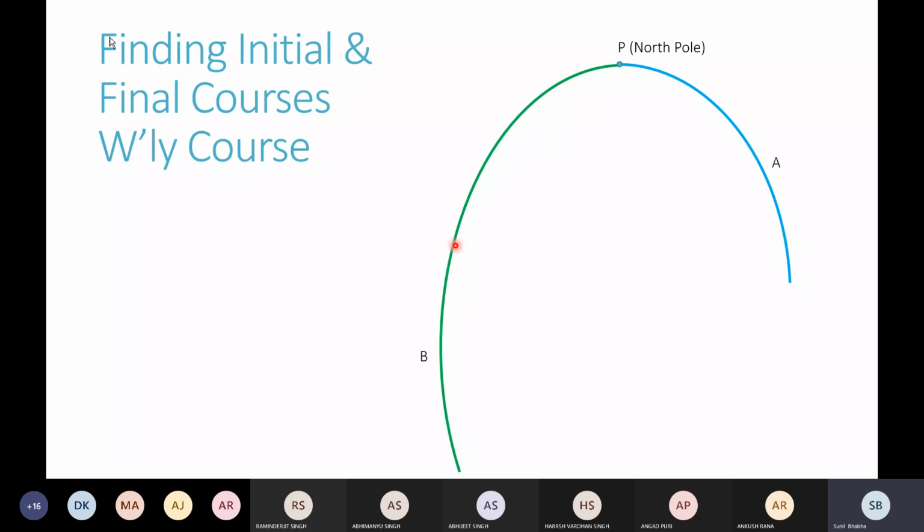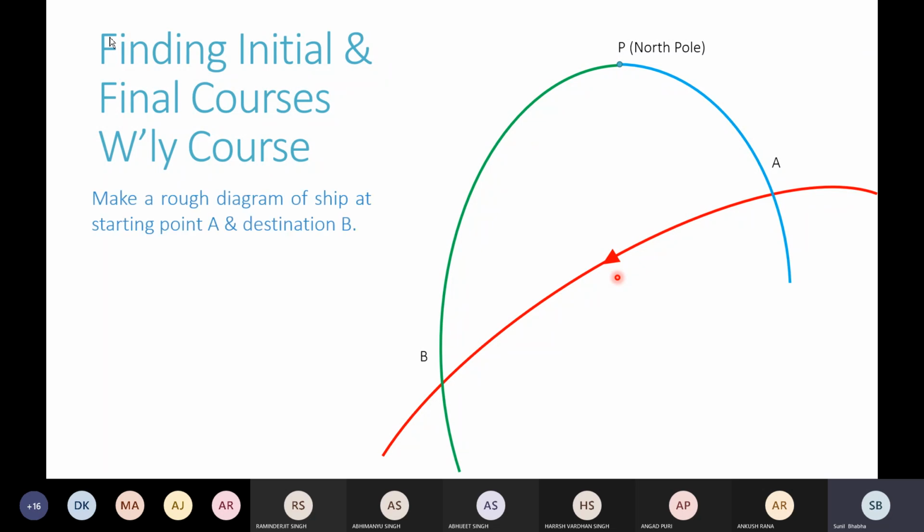We have the second side, the PB side of our spherical triangle PAB. And you can now see the third side representing the great circle track between A and B. The arrow shows the direction of the track. Vessel is moving from A to B.